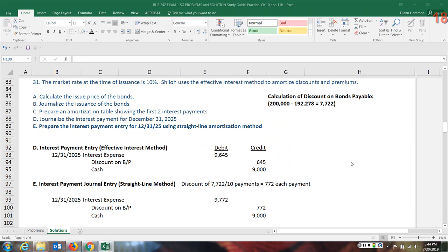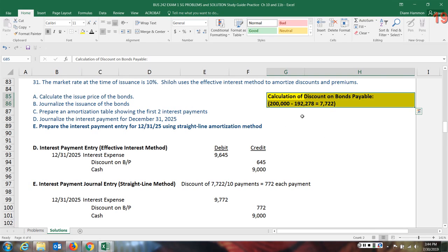And now letter E. Prepare the interest payment journal entry for 12/31/2025 using the straight line amortization method. So remember when we calculated the total discount for this bond up at the top right hand side, the total amount was $7,722.